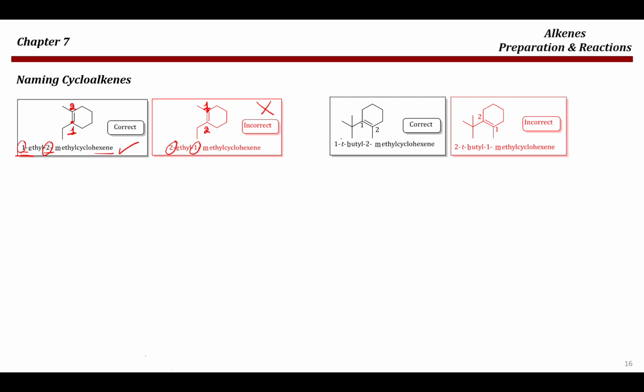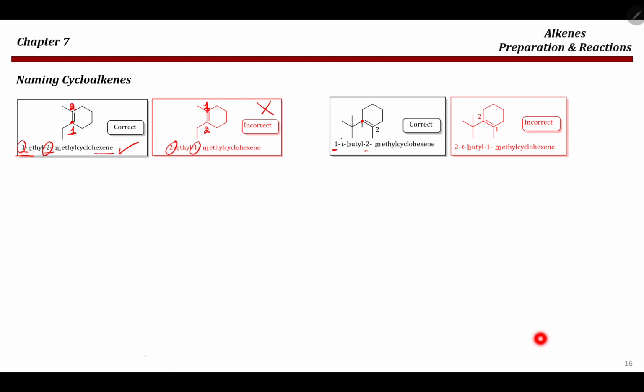Again, in this case here, we have two options. We can start numbering from this point, and my branches will always be at position 1 and 2. But I have two options, either to give the tertiary butyl group position 1 and the methyl position 2, or the methyl position 1 and tertiary butyl 2.